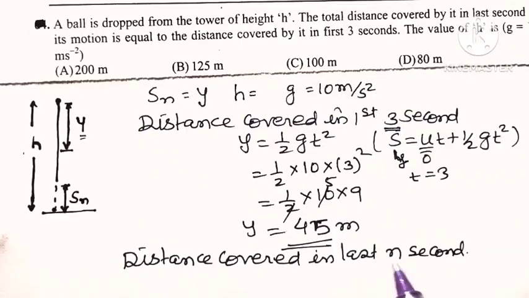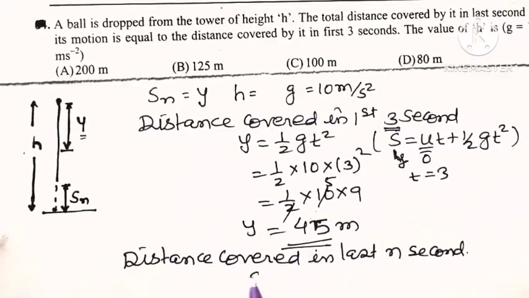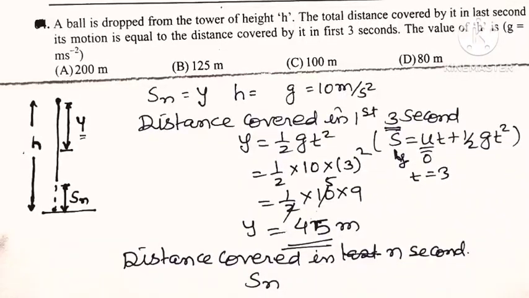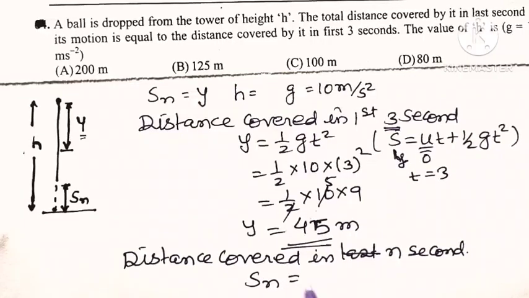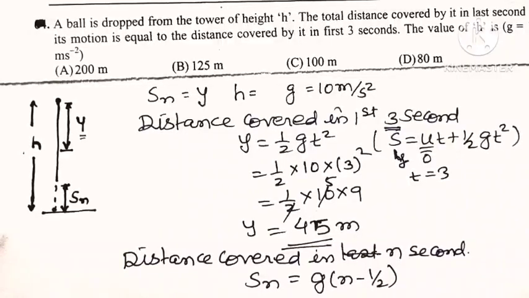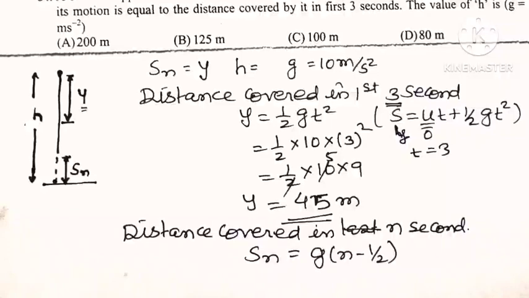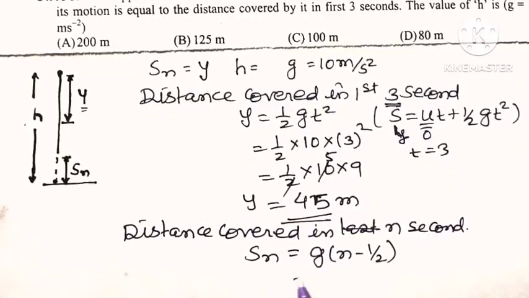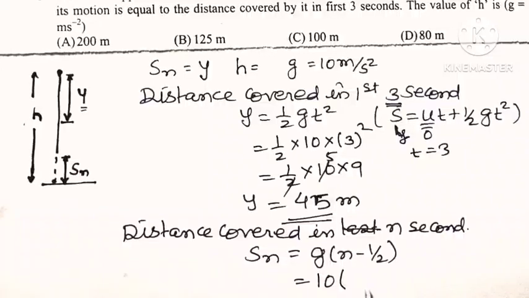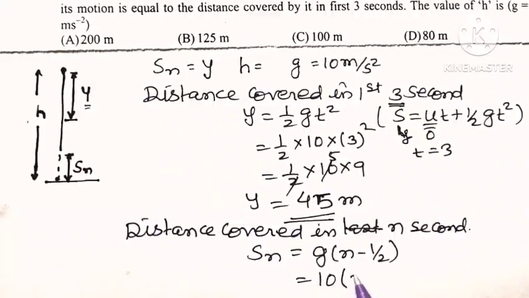Sn is equal to g into (2n minus 1) by 2. The distance covered in the last nth second is g into (2n minus 1) by 2. So Sn is equal to g into (2n minus 1) by 2, that is equal to 10 into (2n minus 1) by 2.